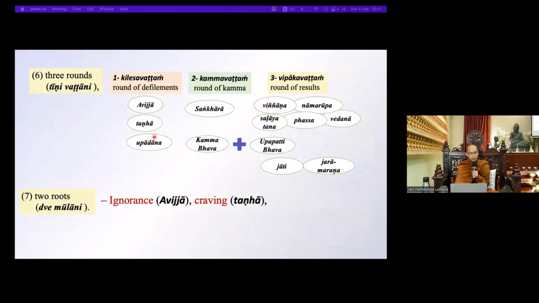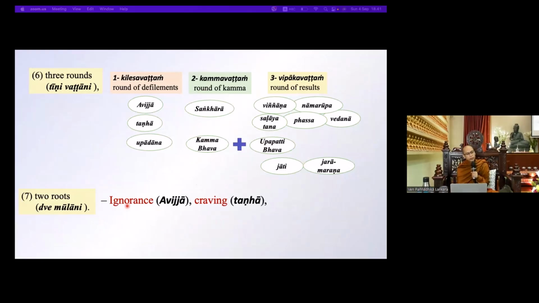Here in the slide, easy to understand, Kilesa Vata includes avijja, tanha, upadana. Kamma Vata includes sankhara and one part of bhava, which is called Kamma Bhava. But the others, including Upapatti Bhava, are called Vipaka Vata. In this way, you can classify the 12 factors into three Vata.